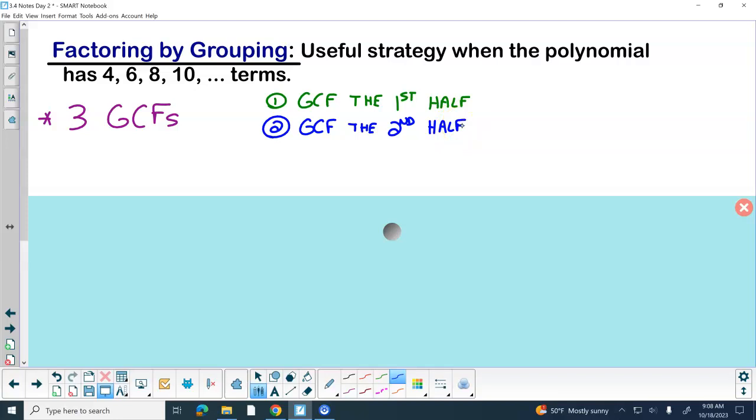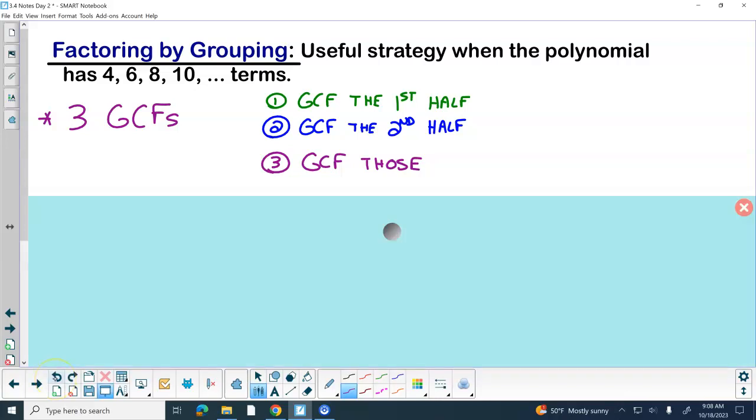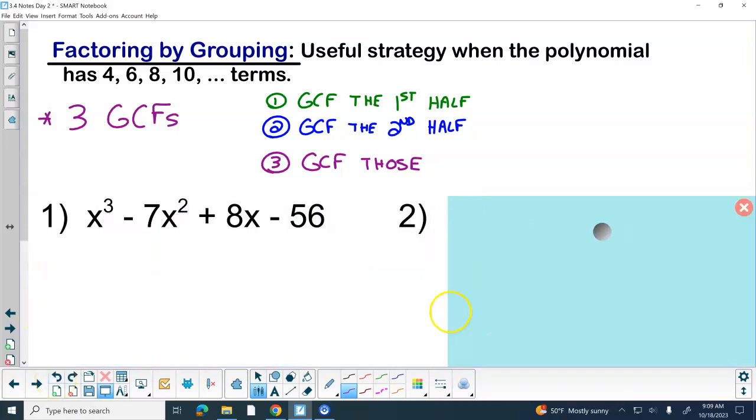And then at the very end, you're going to GCF both halves. Now, it's kind of weird to write it down that way, but in practice, much easier. Oops, I did do 2 of them. All right, well, let's go like this.